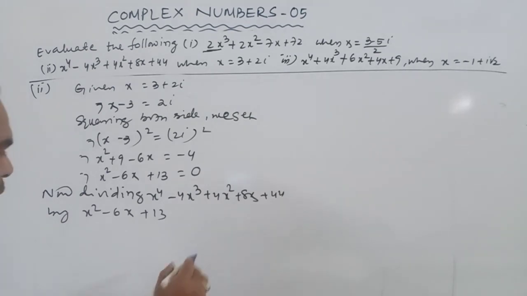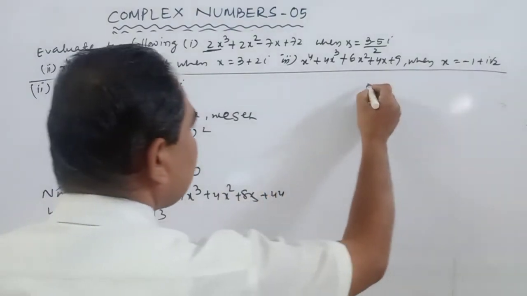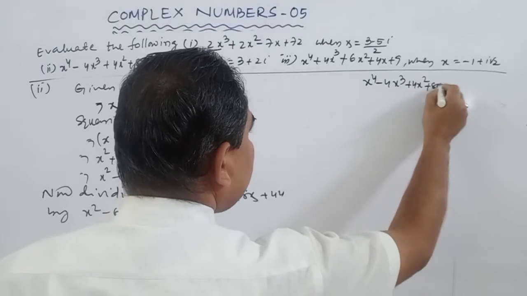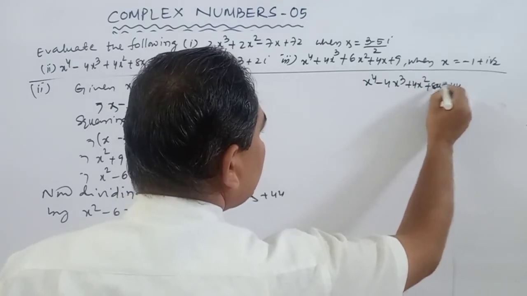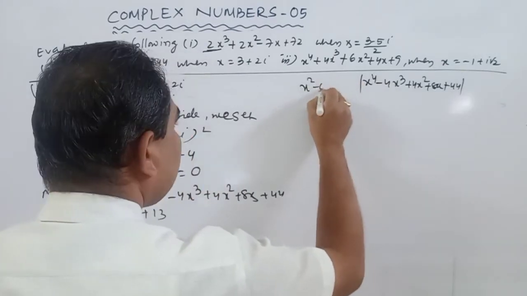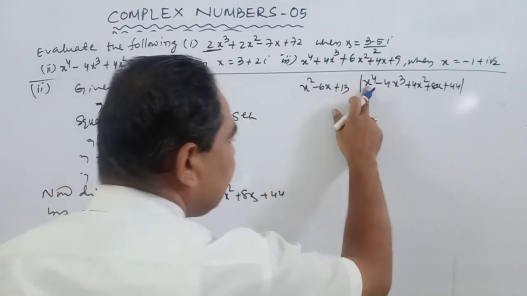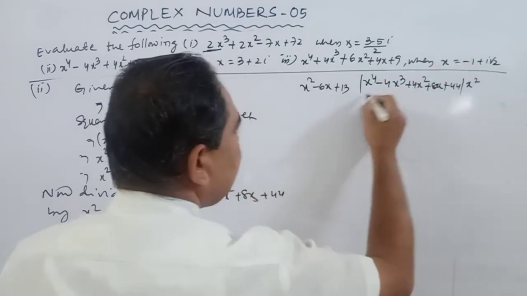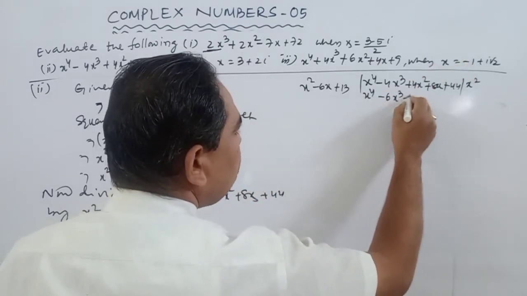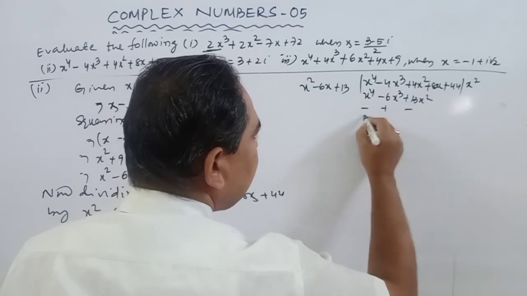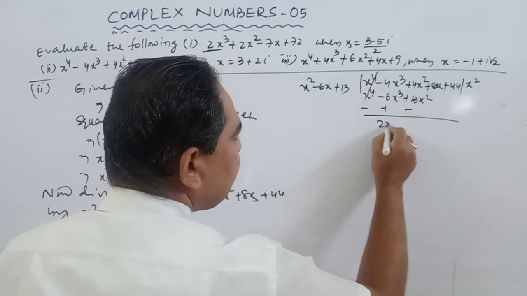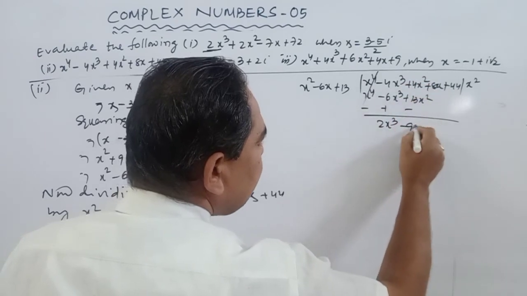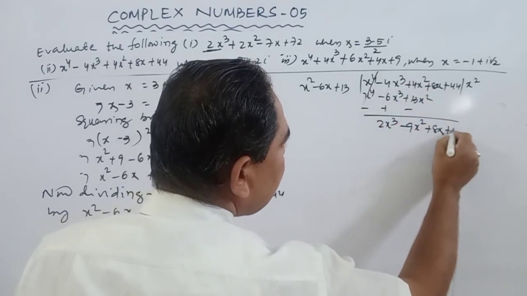So this is 2x cube, 4 minus 13 means minus 9x square plus 8x plus 44.